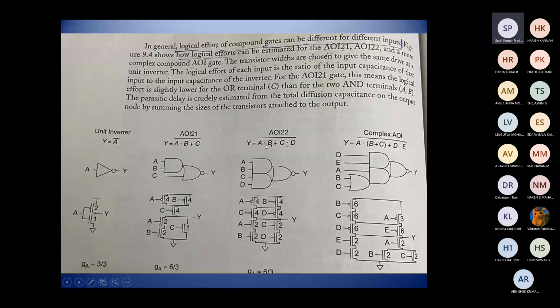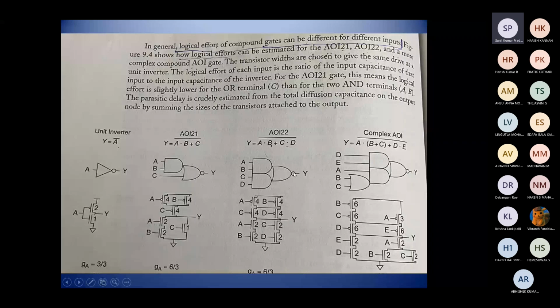Similarly, let's say we have another example, A dot B plus C dot D, complement. Here we have A, B, two inputs connected to this AND gate. Again, another two inputs C and D are connected to the input of this AND gate, and the output of the AND gate of inputs A and B, and the output of the gate of inputs C and D, are connected to the NOR gate.